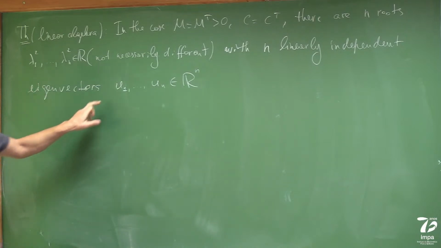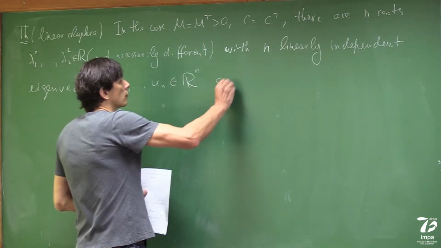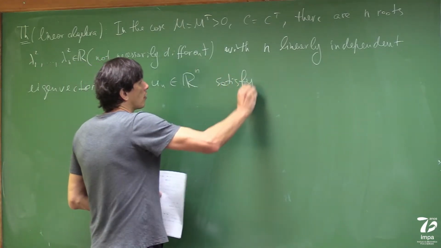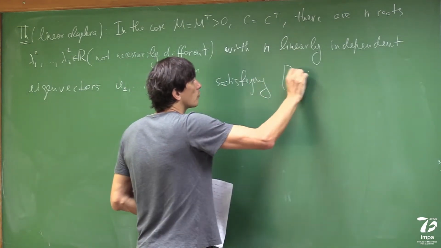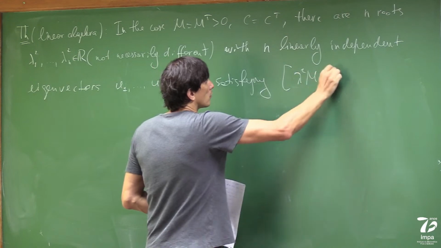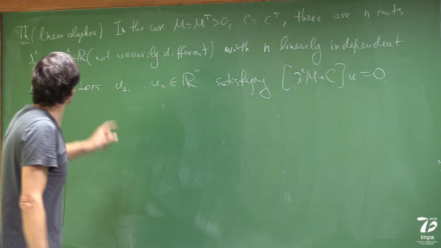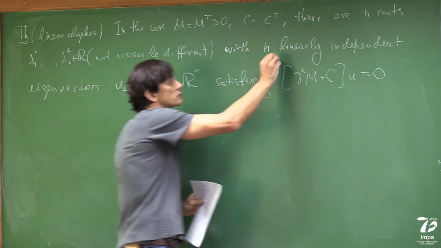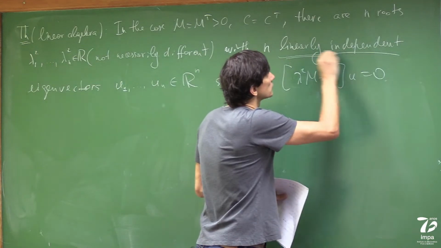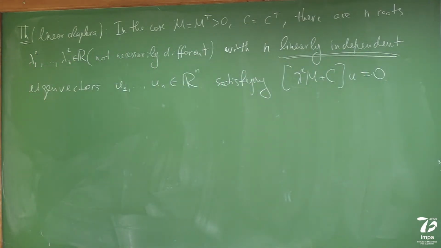So the theorem tells that you can choose eigenvectors satisfying our eigenvalue problem, such that you get an eigenvector for each eigenvalue, and all are linearly independent. This is the essence of the theorem.